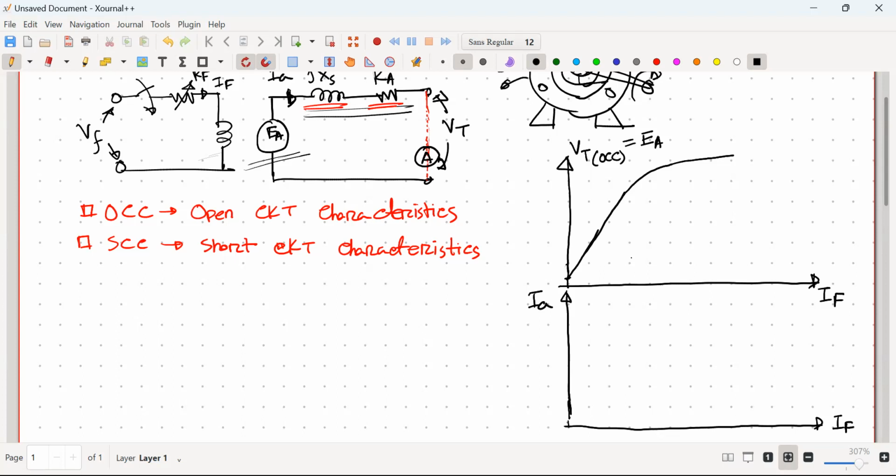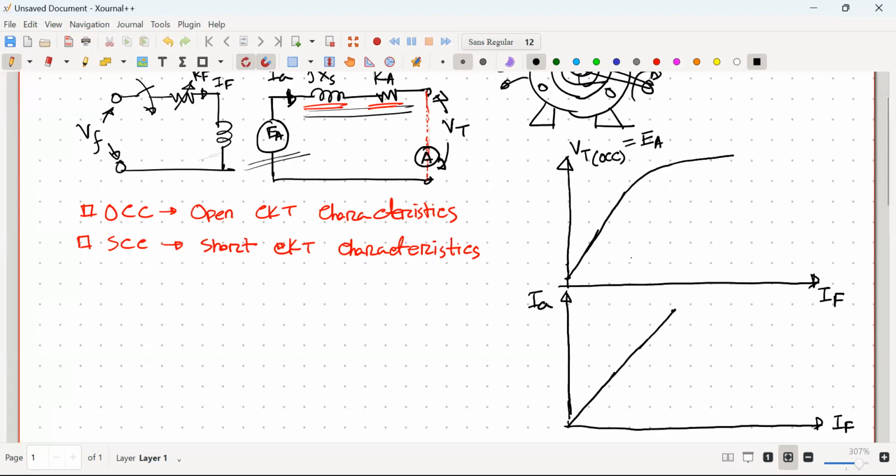So for IF equal to 0, current will be very low, but if I increase IF, current will be increasing this way. Practically we'll get a straight line, and for a certain value of IF, we'll get the IF rated.